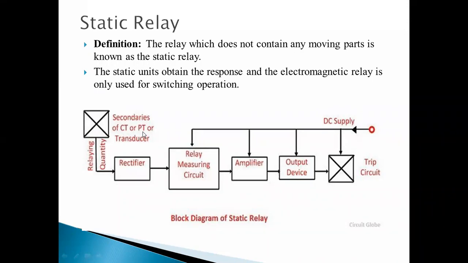Secondary is connected here, where the primary of the current transformer or potential transformer is connected. If we are considering that this type of relay is used for the protection of transmission lines, then where should this CT or PT primary be connected?